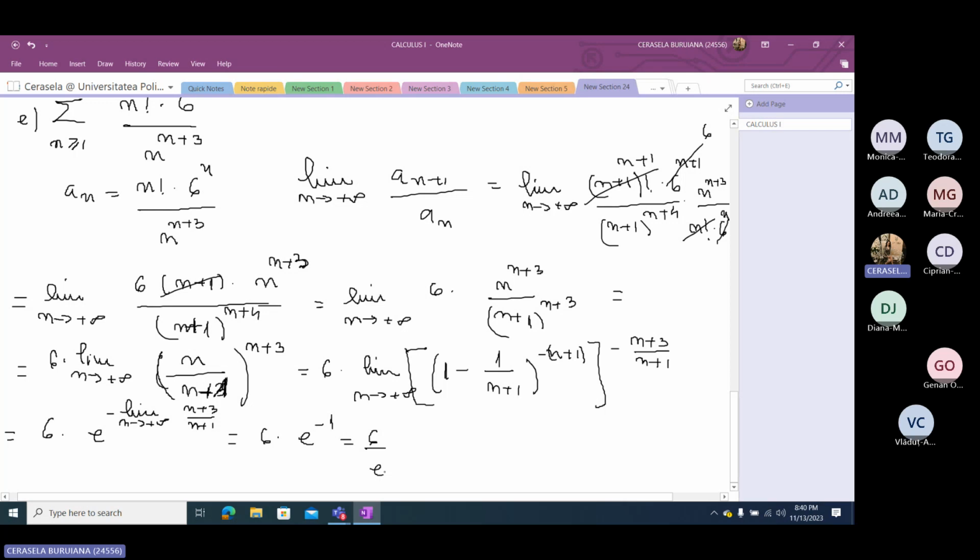Well, you know, here I have to compare with 1. So 6 over e, how is it? Greater or less than 1? Is greater. Okay, so it's greater. So it means by the ratio test, what about the nature of this series then?